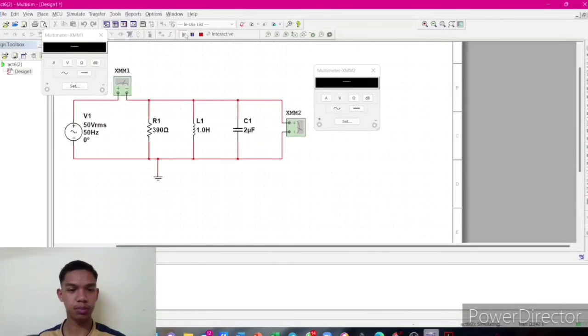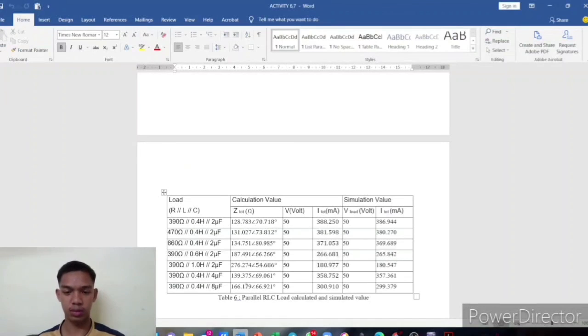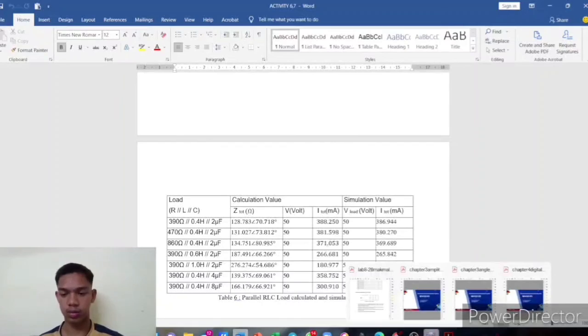Then we run the circuit. Again, the answer for the AC ammeter is 180.547 milliampere. The AC voltage remains the same, which is 50 volt. Then we fill in the table below: 180.547 milliampere, and the voltage is 50 volt. Alright, that's all from me.